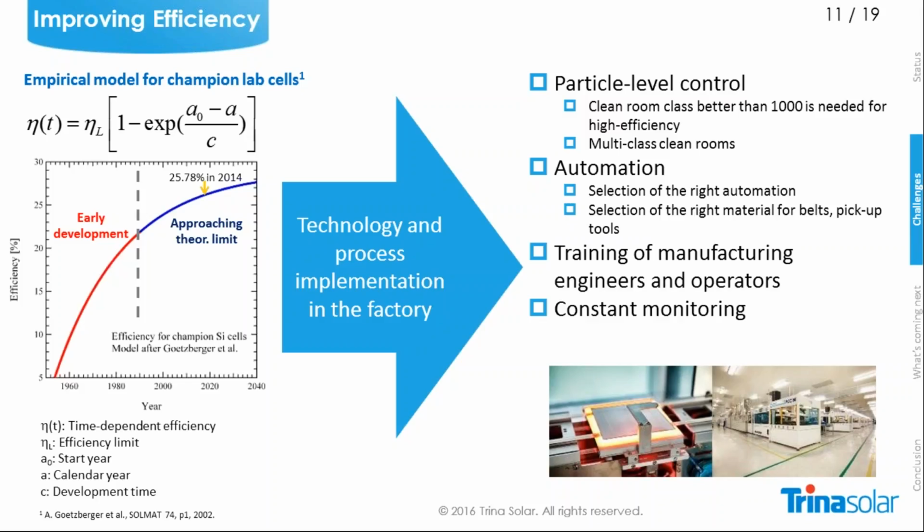And as we could see, to achieve the targets, to achieve a lower levelized cost of energy, we also have to reduce the cost in the fab. That means shortening the times and optimizing the processes.